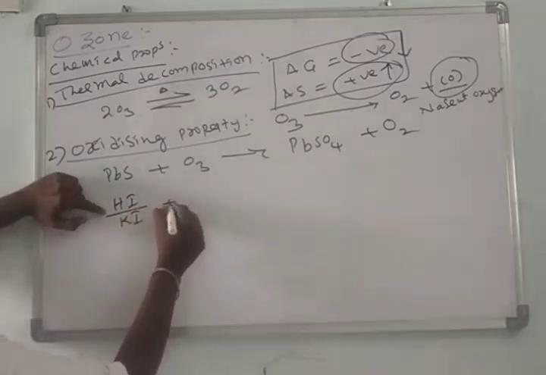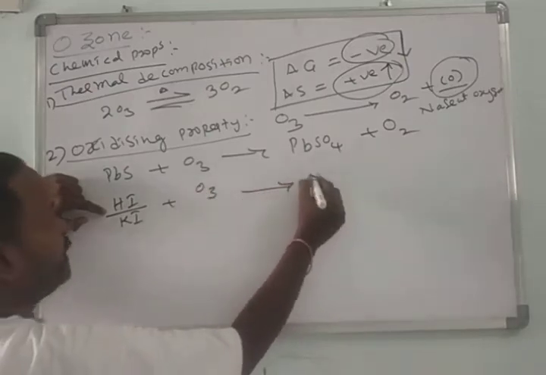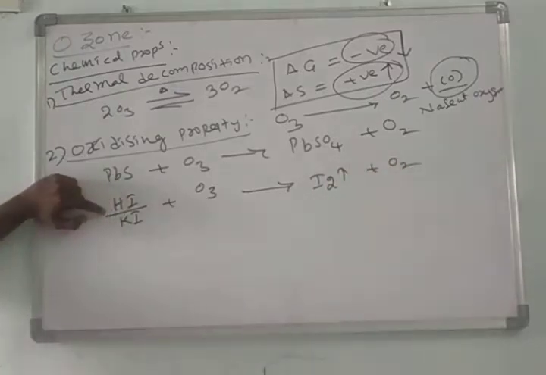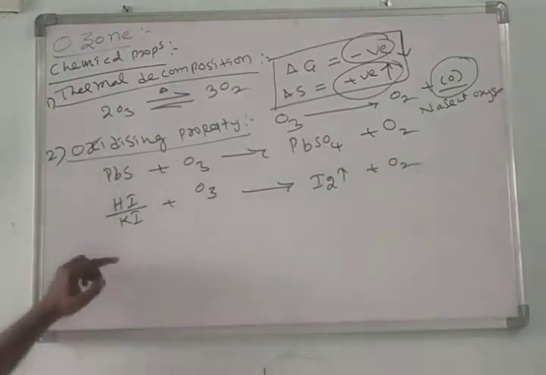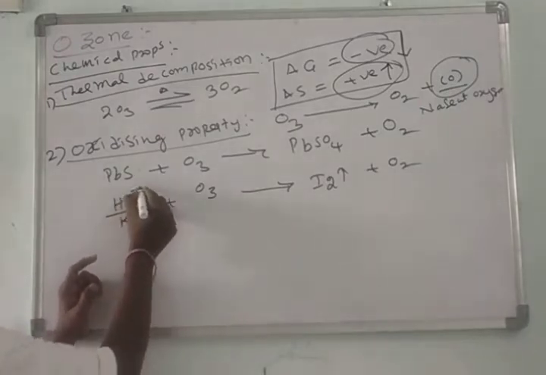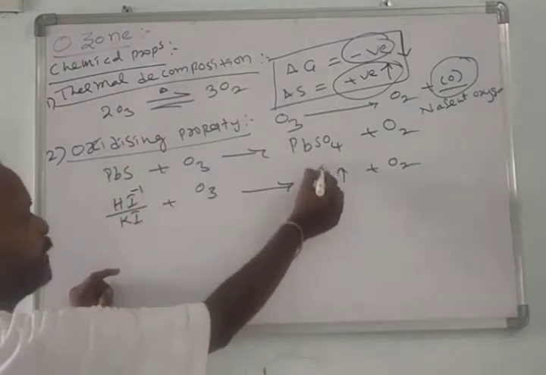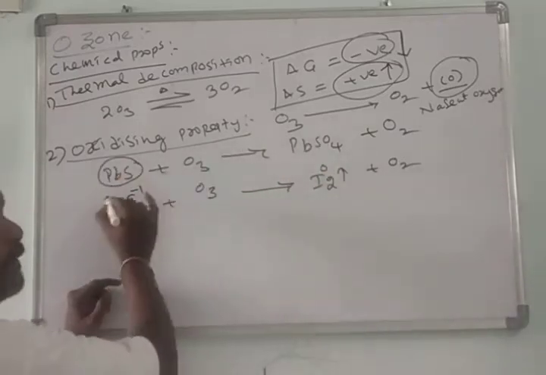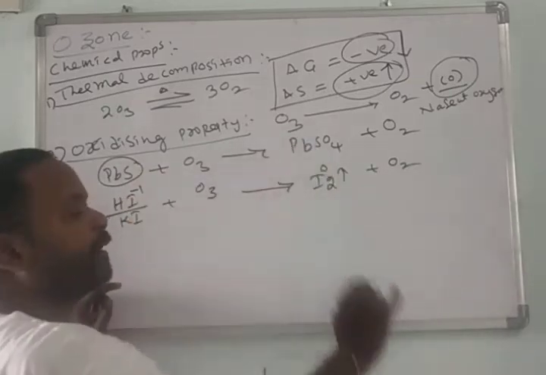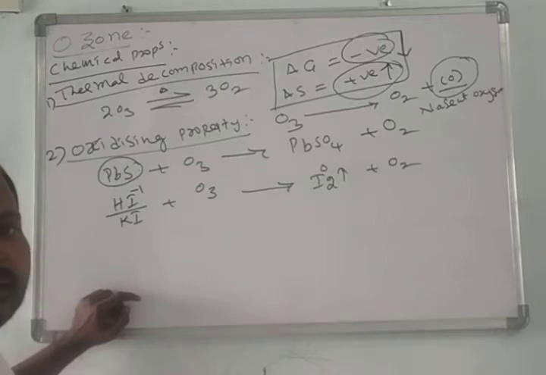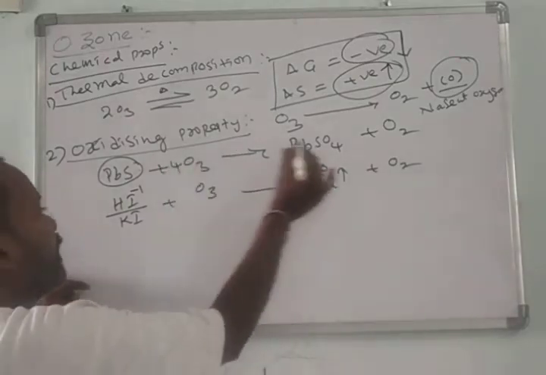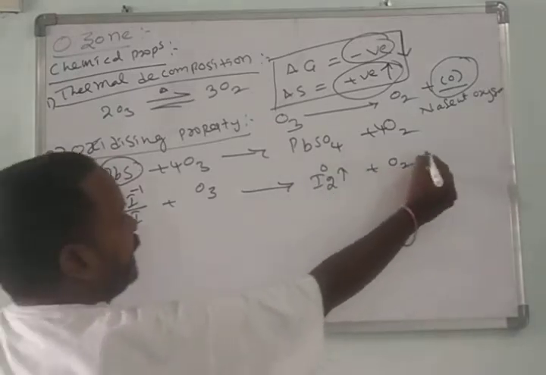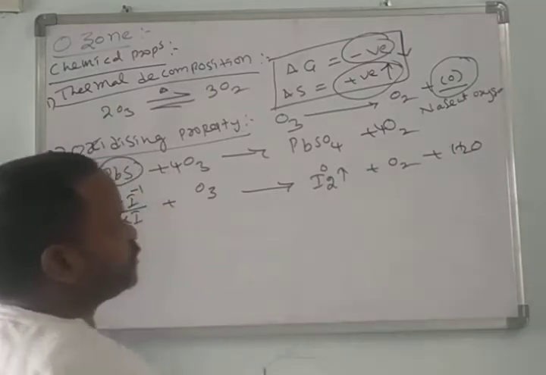In the presence of ozone it liberates iodine gas by forming oxygen. That means iodide ions are converting into iodine. Here the addition of oxygen we simply call oxidation. You take 4 moles and we get 4 moles of oxygen, and along with the O2 we get H2O.